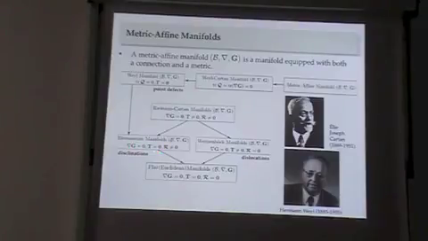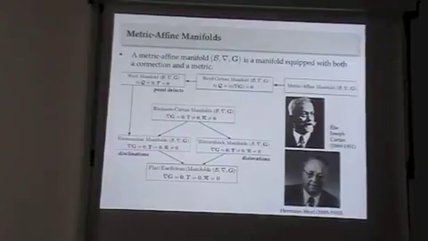There is compatibility here, there is no torsion, and of course this connection is the Levi-Civita connection, but you could have more cases. And let me also mention Cartan, the father of modern differential geometry, and Weyl, who pretty much introduced the idea of non-metricity, which is the covariant derivative of the metric, and it's relevant in the study of point defects, but that's not what I'm going to talk about.